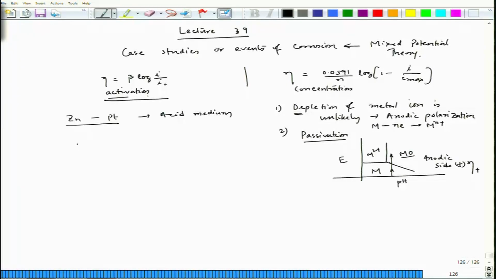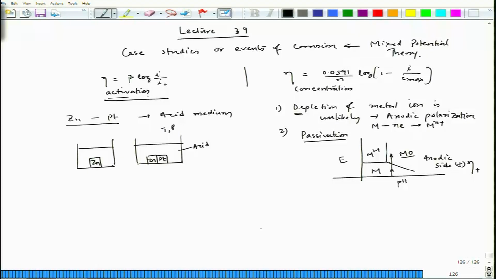So, now you have two beakers: in one beaker you have a block of zinc, and in the other beaker you have a block of zinc which is connected to a block of platinum, and they have the same area exposed to the acid medium. This is the acid medium, with the same temperature and pressure in both cases.